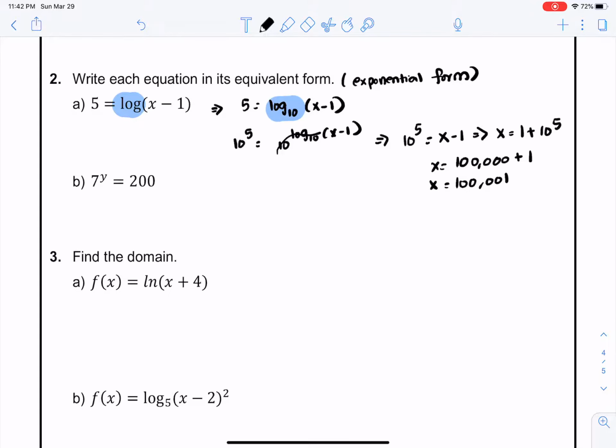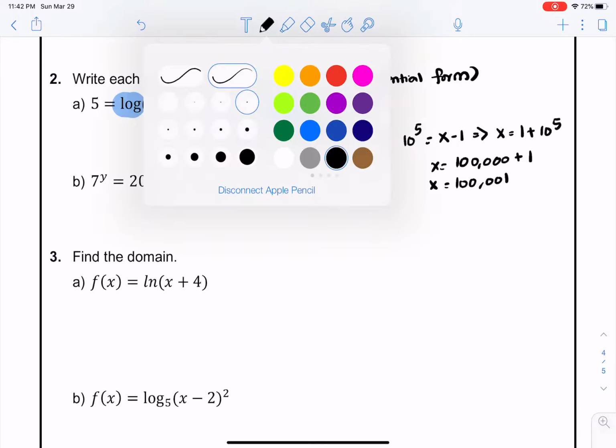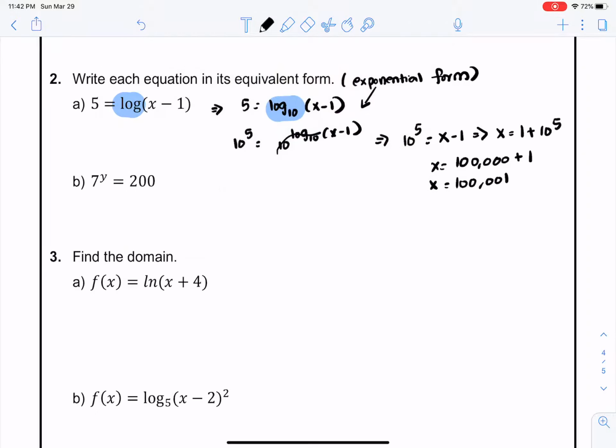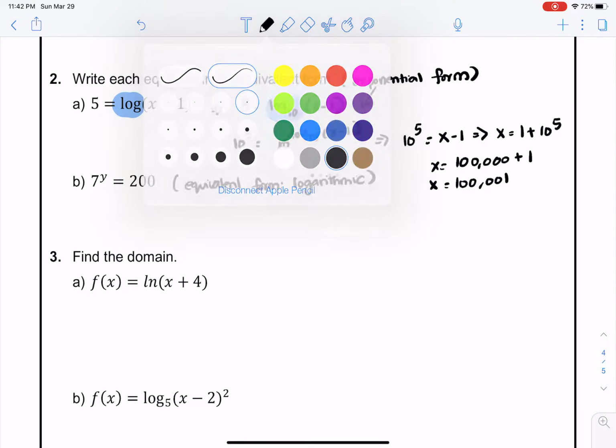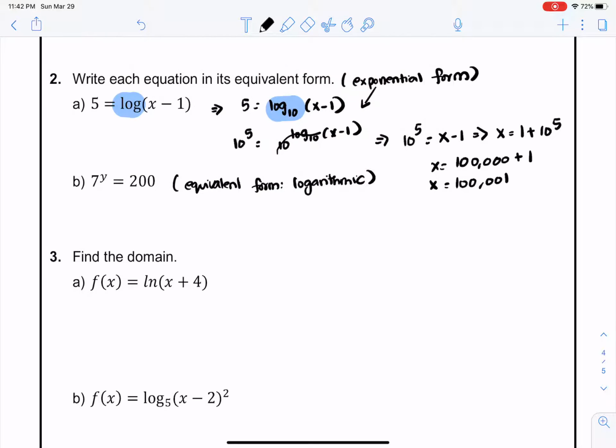So the exponential form holds true here, but since we are starting with an exponential form, the equivalent form in this equation would be logarithmic. So we want to take log on both sides, and the base here is 7.